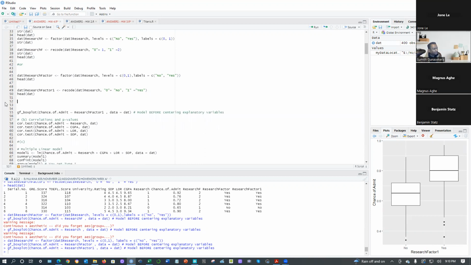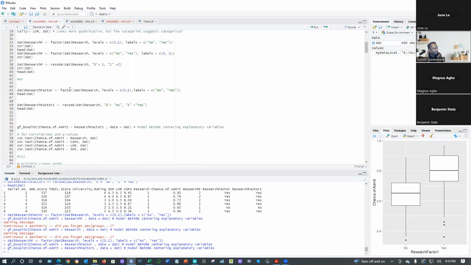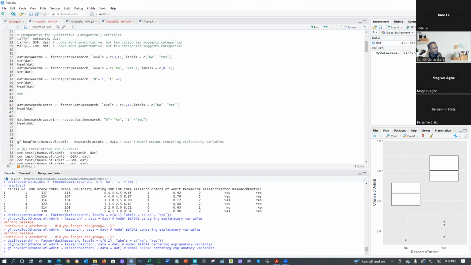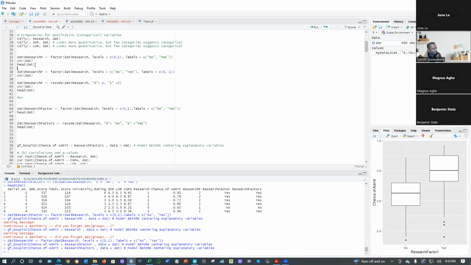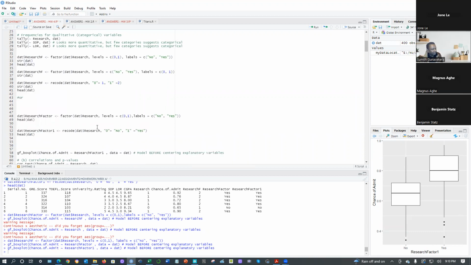Okay, then this is 0, 1. It's the same thing. I think this one is mixed up with this one because it has been put back into, see, I'm using the same object name, and I put it back into 0, 1. That's why, I think. So this is the way you do it one time.